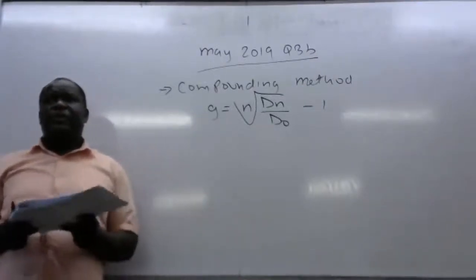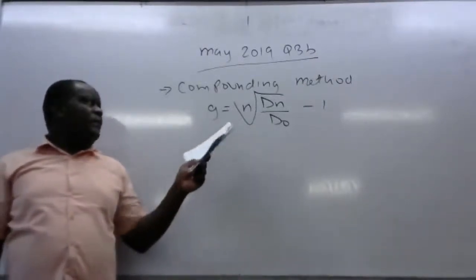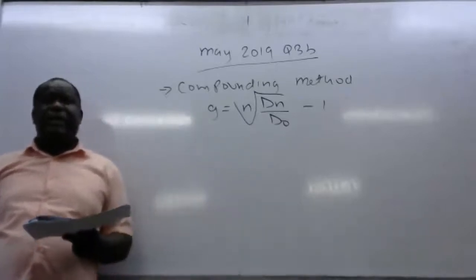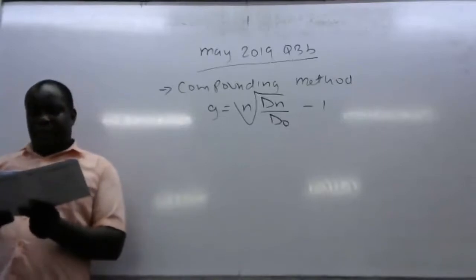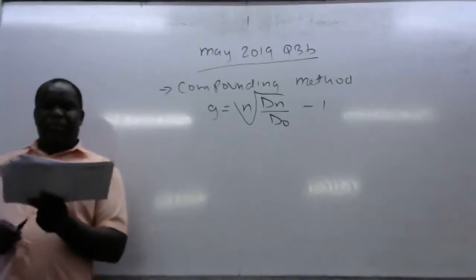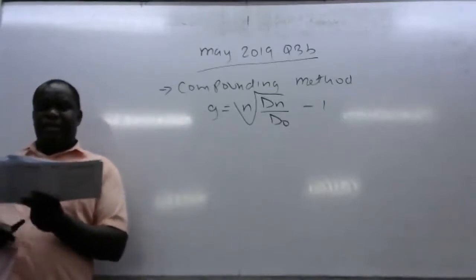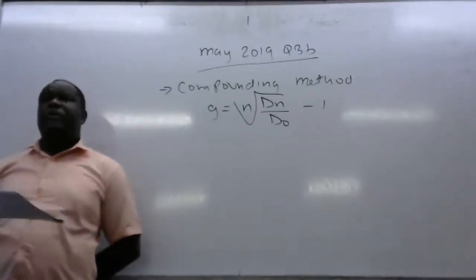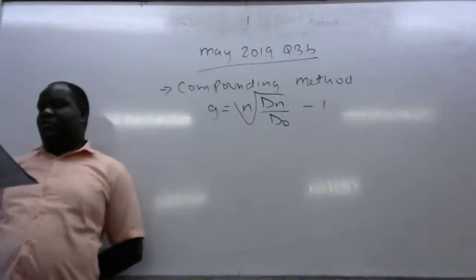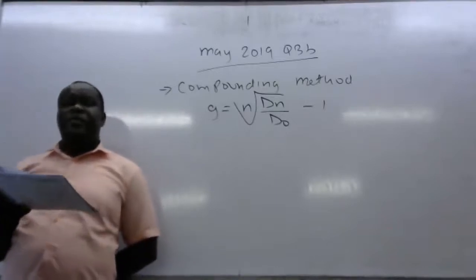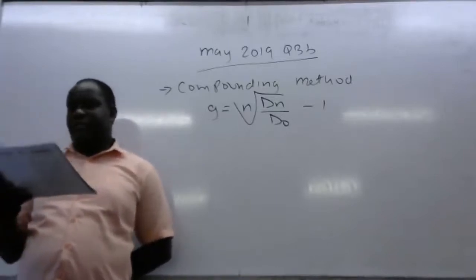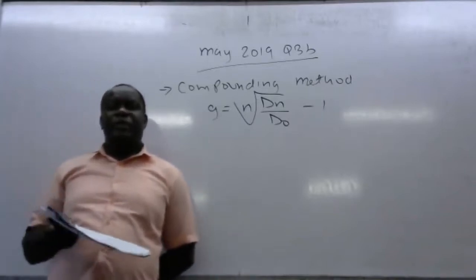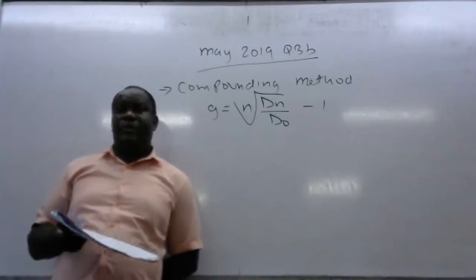So G is given by the nth root of Dn divided by D0, then we minus 1. In that question, you have note number 4. 2015 we name as D0, 2016 will be D1, 2017 will be D2, 2018 will be D3, which means N is going to be 3.